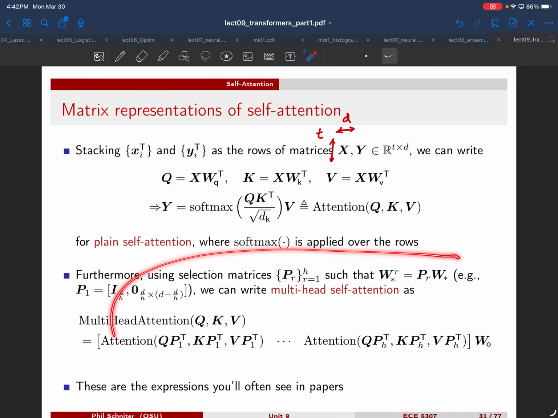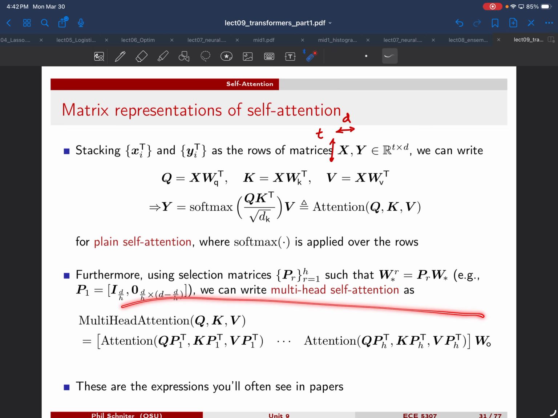And if you have multiple heads, what you can do is you can express this extraction using a matrix that has like an identity here and zeros here. So this would extract the first, let's say, quarter of the elements. So you have your full square matrix, you pass it through this wide matrix, and this will extract the first quarter, or you build this a different way and it extracts the second quarter and so on.